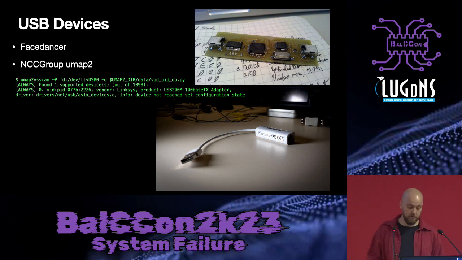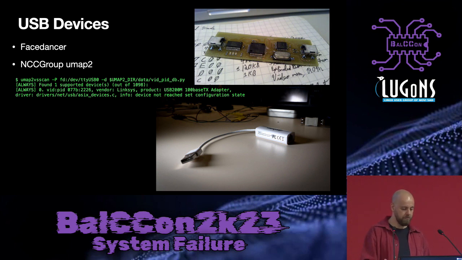And here in green, you can see this is how you basically use the tool. You can tell it to brute force vendor and product IDs, listen for what's happening on USB, and it will tell you if a particular vendor and product ID does actually have support on the device that you're targeting.